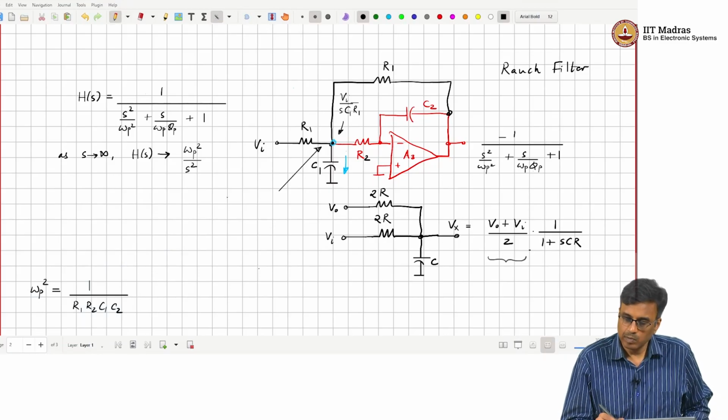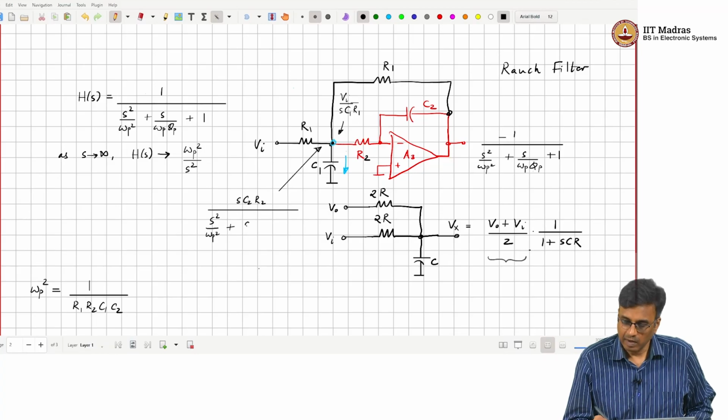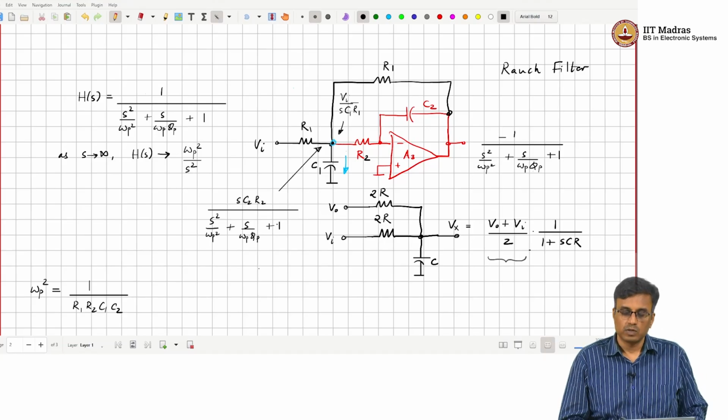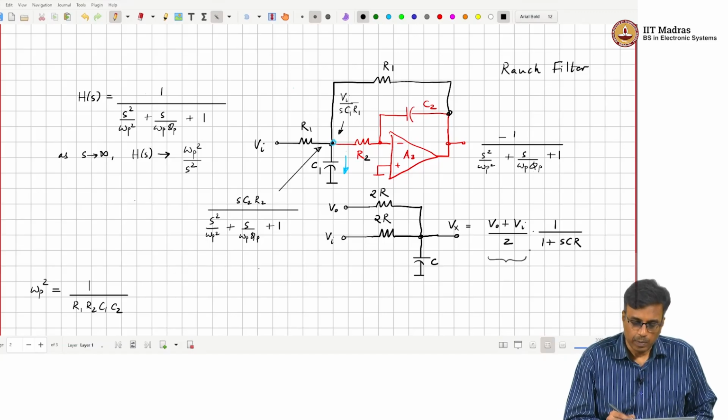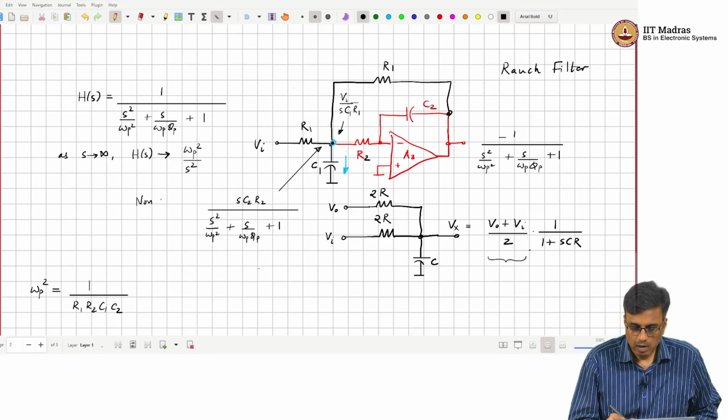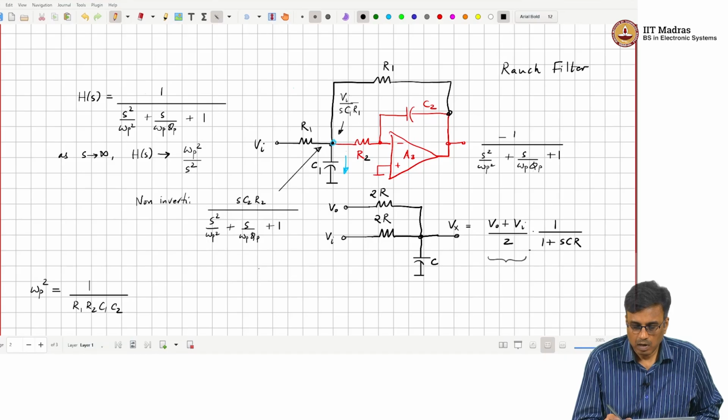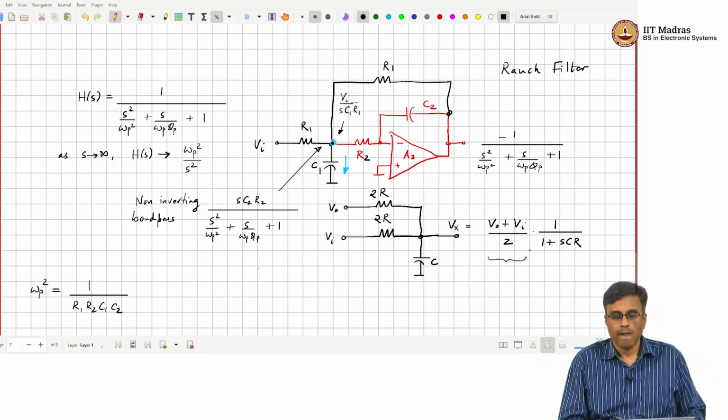So this will be S C2 R2 over S square over omega p square plus S over omega p Q p plus 1. So this is again a non-inverting band. Is that clear?